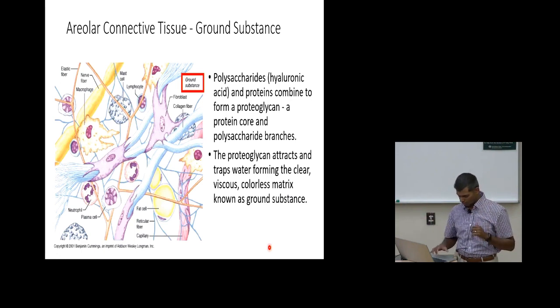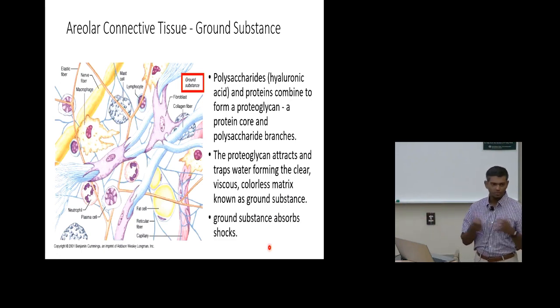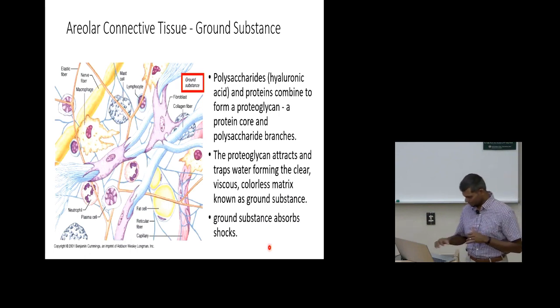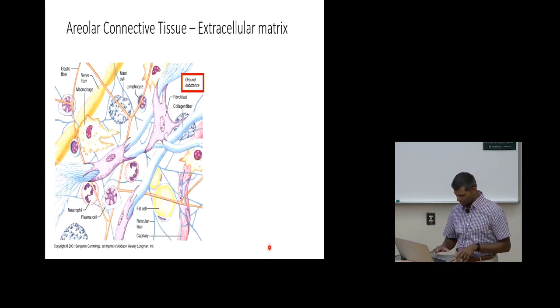And by occupying a large volume, it can also play a role in absorbing the shock experienced by the body due to trauma. And I will explain how this happens in a few slides, but first I want to just go on and explain what are the different types of substances which make up this extracellular matrix.